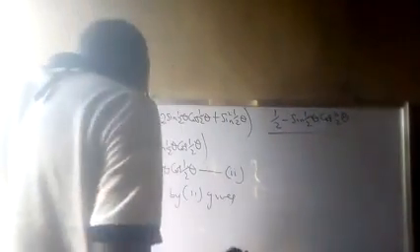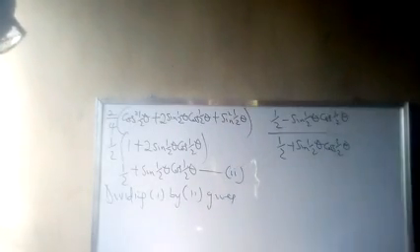In equation 1 we obtained 1 over 2 minus sine half theta cos half theta, all over equation 2, which is 1 over 2 plus sine half theta cos half theta. I hope that's what we obtained there.